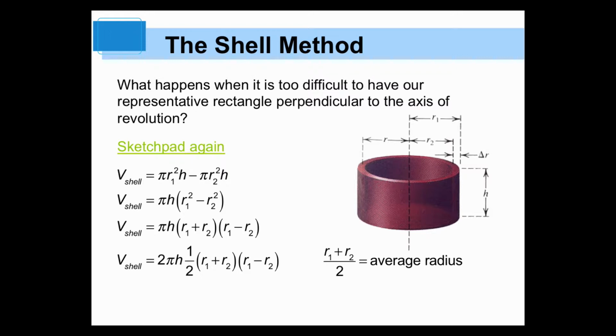And what do we want that thickness to be? As close to 0 as possible. Good, and how do we represent that? dr, dx, dq, whatever we're dealing with. Dairy Queen, get it? And then R1 minus R2 is the thickness.